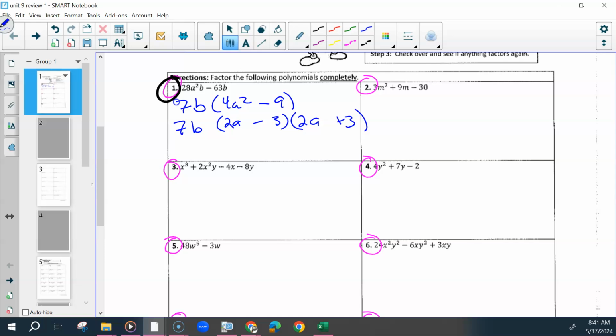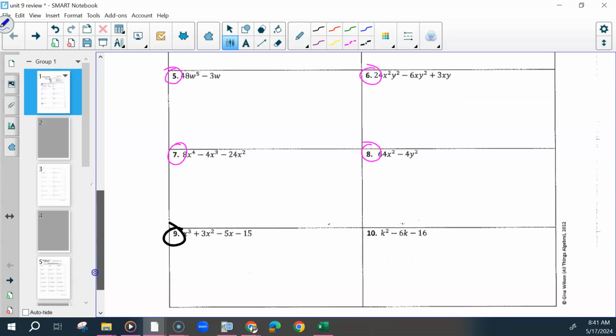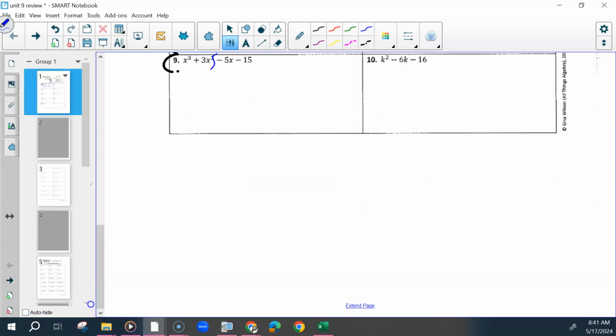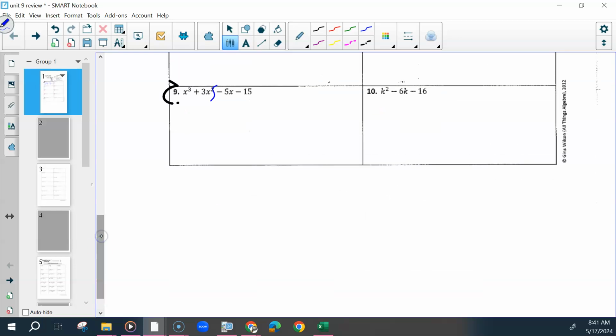Questions on that before we do 9? For number 9, this is 4 terms. There's only one way to factor with 4 terms, and that's by grouping, where you split the middle and look for what you could divide out of these first two. x.